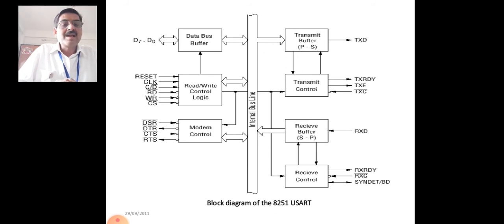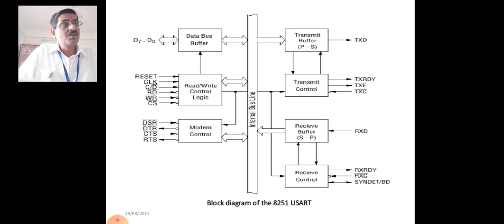Now next is TXC bar, the transmit clock signal. This signal decides the data rate at which the data will be transmitted to the receiver. So the transmit clock is used to decide the rate at which data is sent from transmitter to receiver.